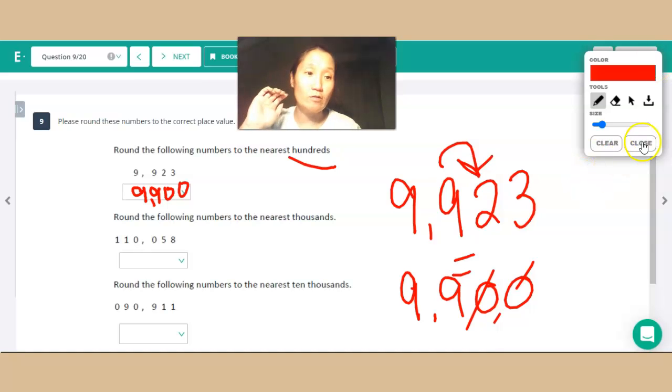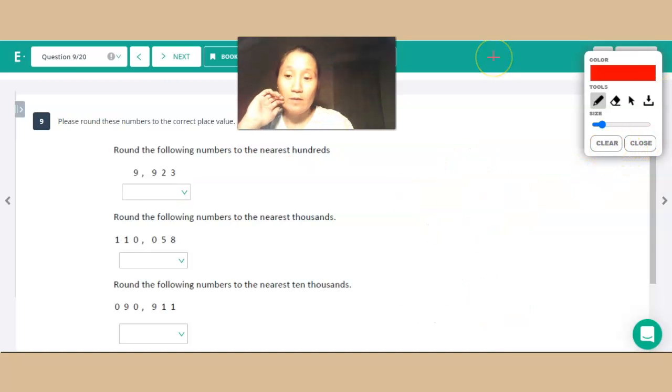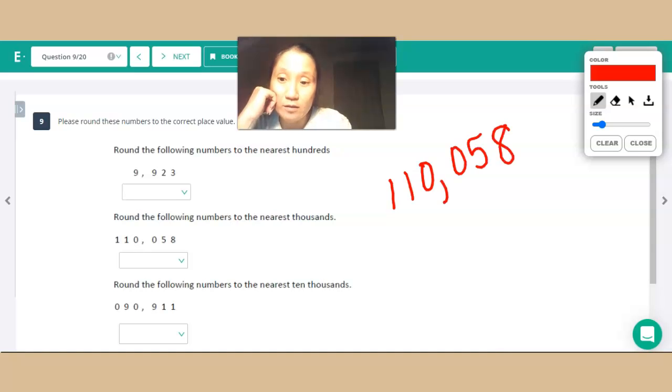Let's look at the next one. On this one you have 110,058. And then you're going to round to the nearest 1,000, which is this number. It's going to look to the right, and that's weak. So the 1 and the 1 don't care. The 0 does not get helped, and then everything else leaves.